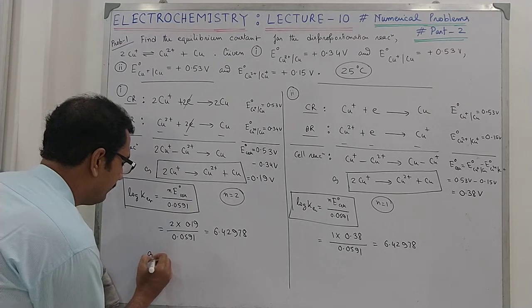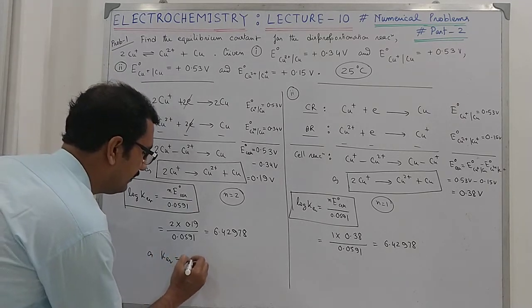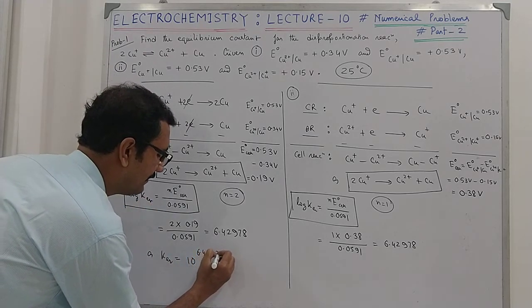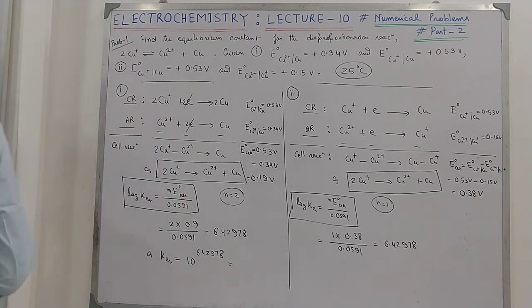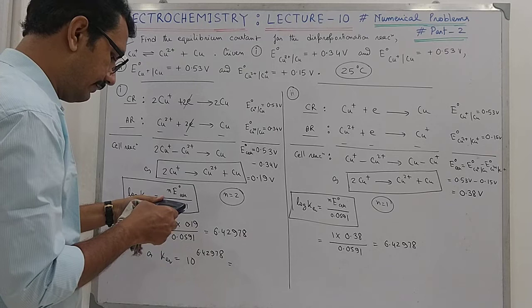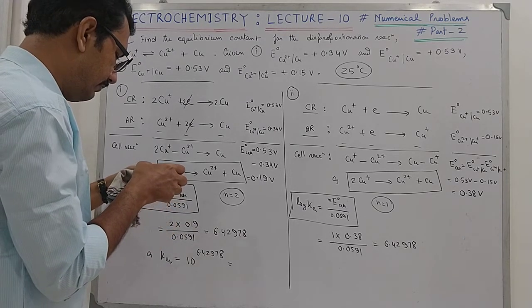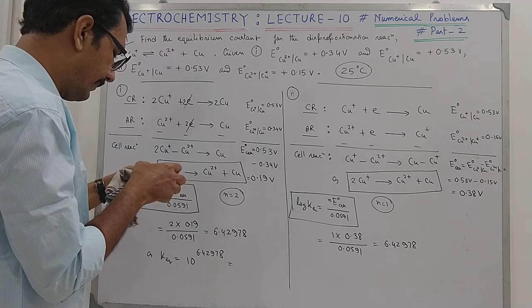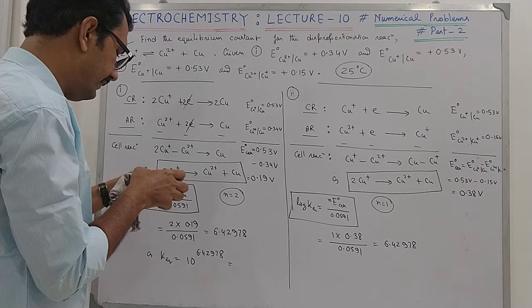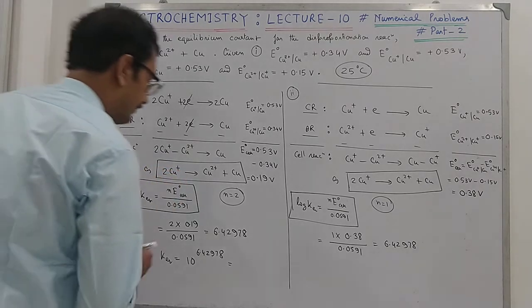So what will be the value of K equilibrium then? The value of K equilibrium will be 10 to the power, this is base 10, so 10 to the power 6.42978. This will be 10 to the power answer. So it is 2.69 into 10 to the power 6.